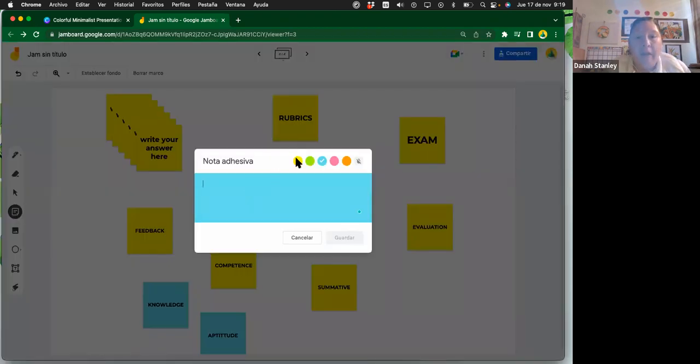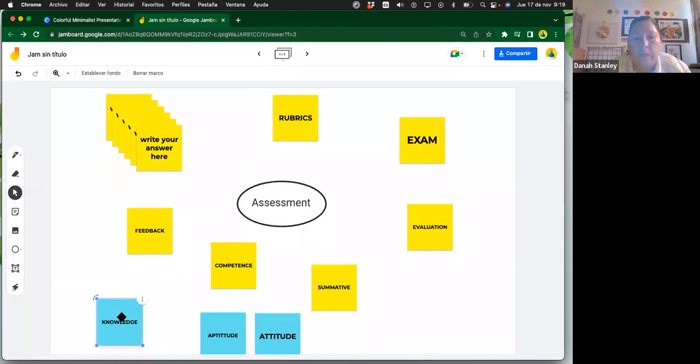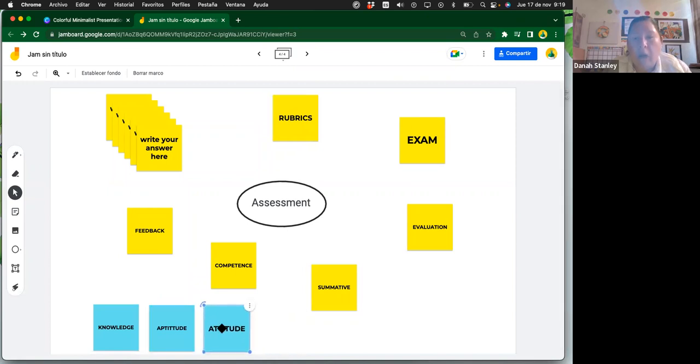And they need the attitude. These 3 elements are necessary to make a competence.